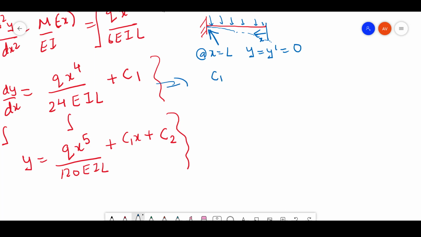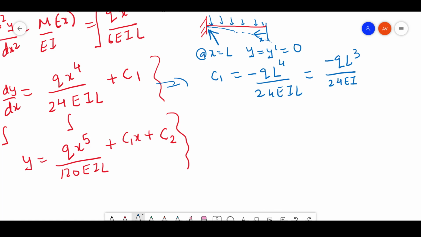You will get c1 is equal to minus q into, instead of x, L raised to 4 by 24 EIL, which is minus qL cube by 24 EI.